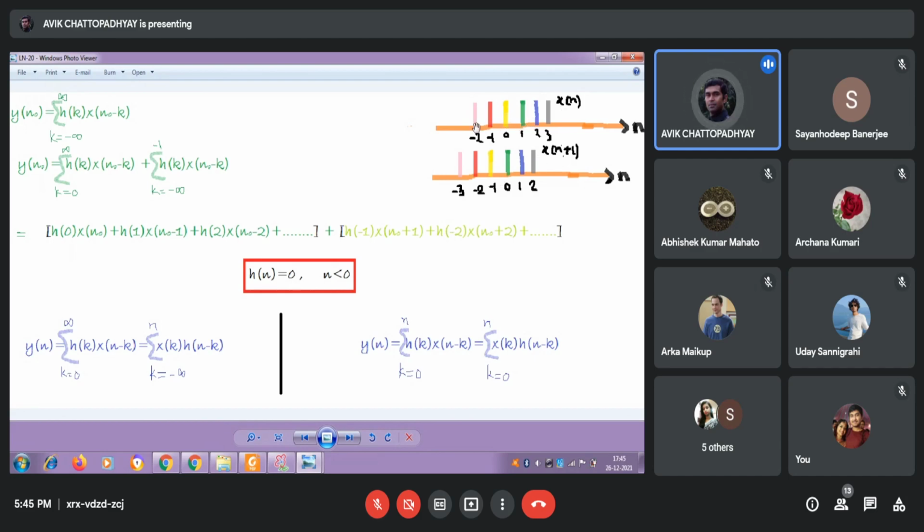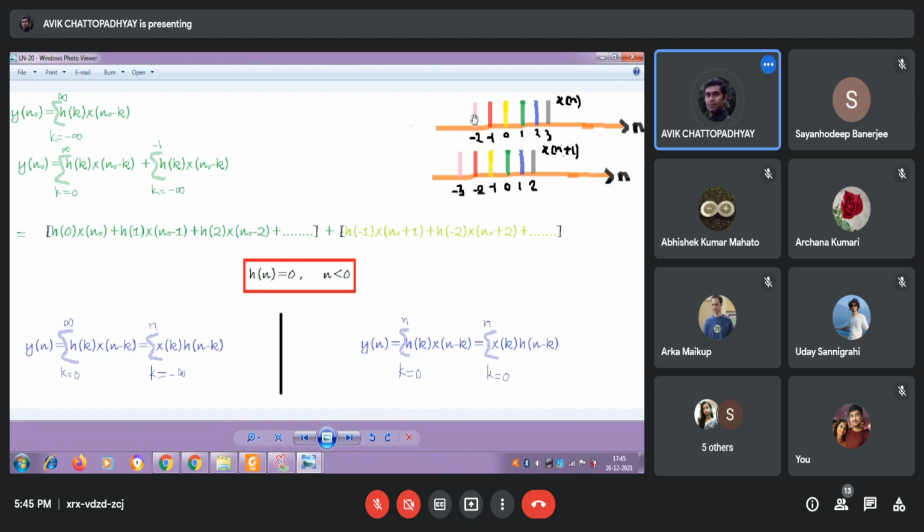Suppose this is a particular pattern of x[n]. Focus on any particular color, which corresponds to the sample at the present instant, suppose n equals 0. That is the present sample. All the samples on the negative left-hand side are the past samples, and all those on the right-hand side are the future, yet to come.